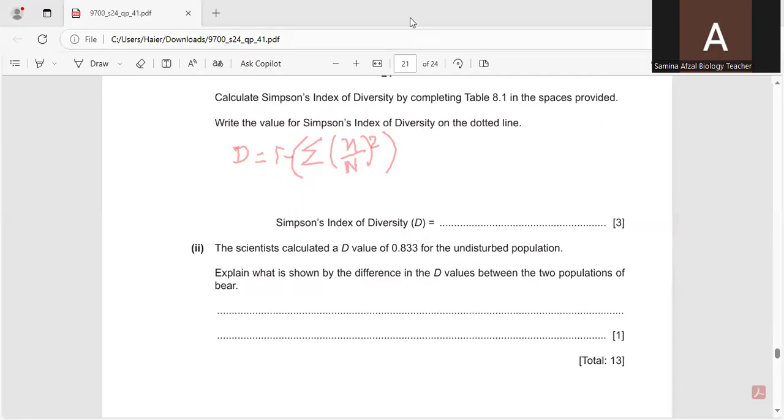We will put the values over here. So in this way, you will get the answer: 1 minus 0.272 is equal to, and then multiplied by 0.037, and you will get the answer.